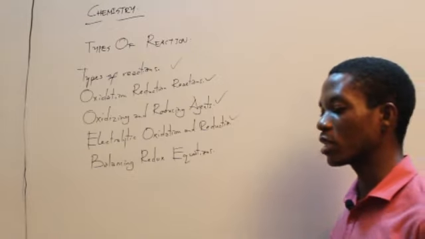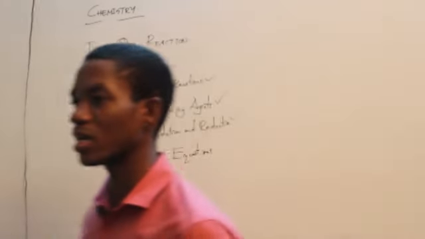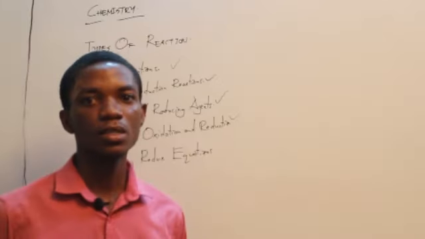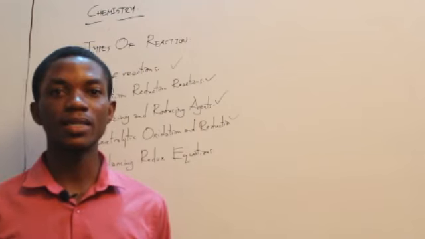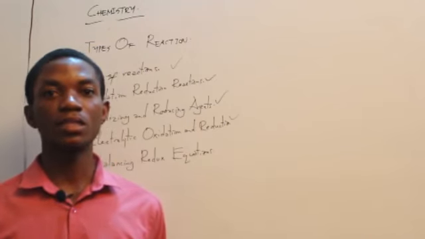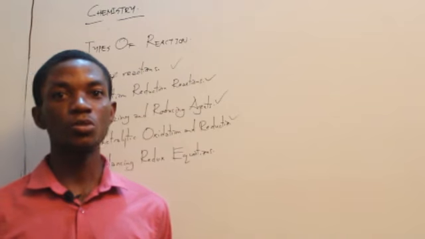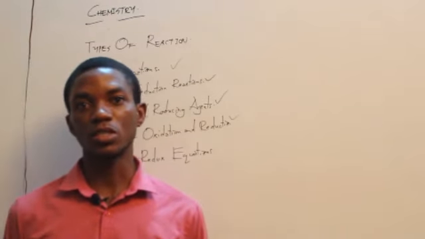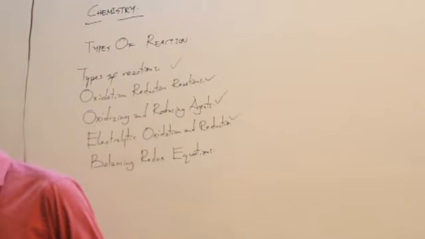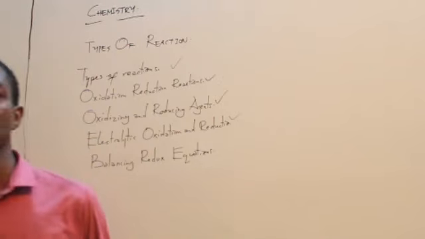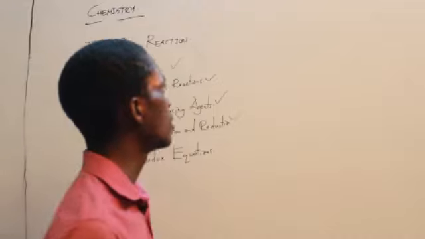Of course, we know that it is always two-way sided. Let's take an example of tetraoxomanganate 7 and iron 2 trioxosulfate 6. Tetraoxomanganate 7 and iron 2 trioxosulfate 6.